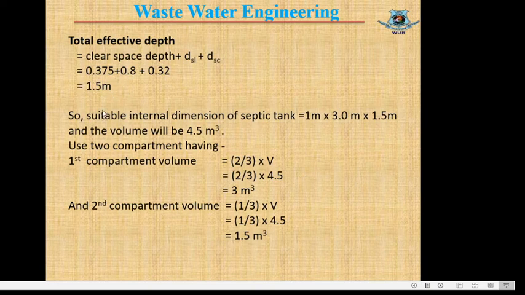Now the suitable internal dimension of the tank will be, as the surface area of the tank is 3 meter square, assume 1 meter as the width of the tank, 3 meter as the length, and 1.5 meter as the depth. So the total volume stands at 4.5 meter cube.